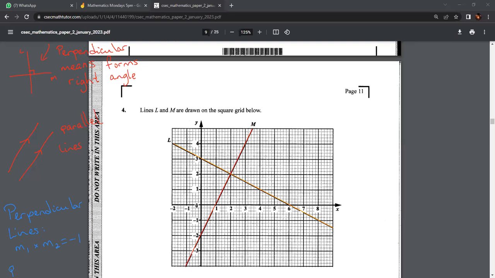And for parallel lines, your gradients are equal. So that means if you have the gradient of one line, it's going to be equal to the gradient of the second line. Now, this is a fact that we must know. If you didn't know it, we just note it, right?